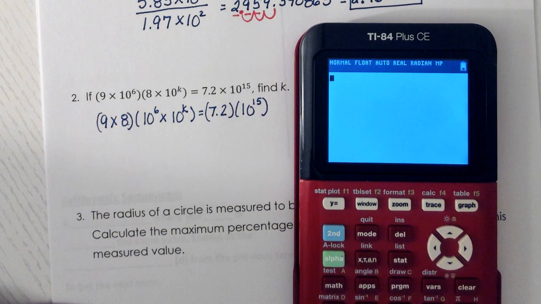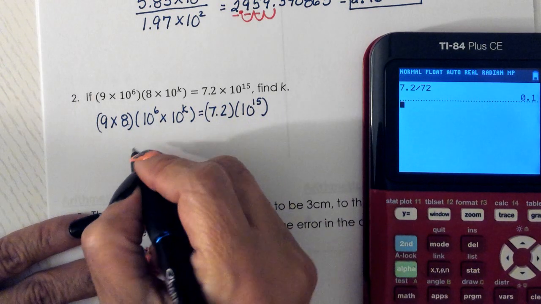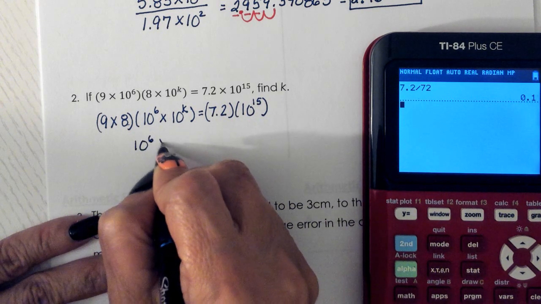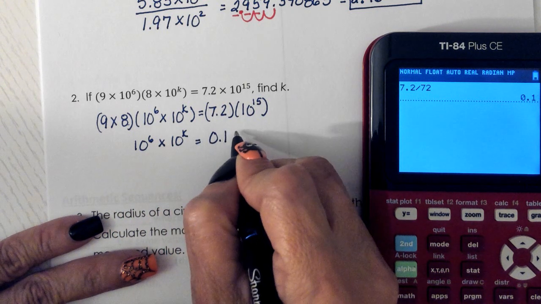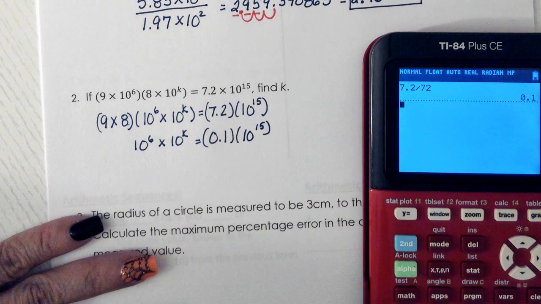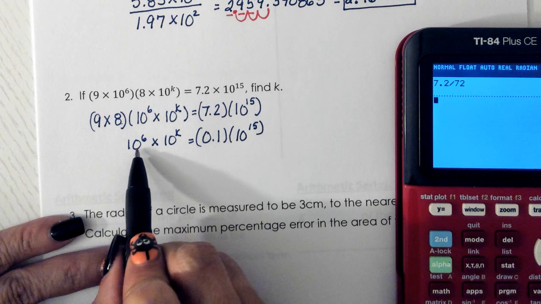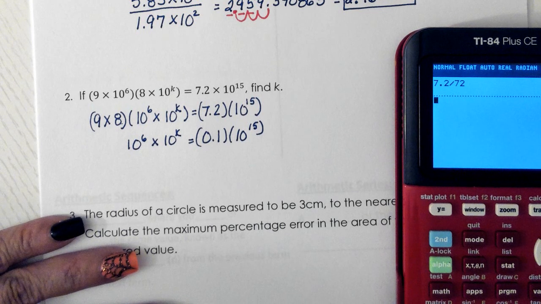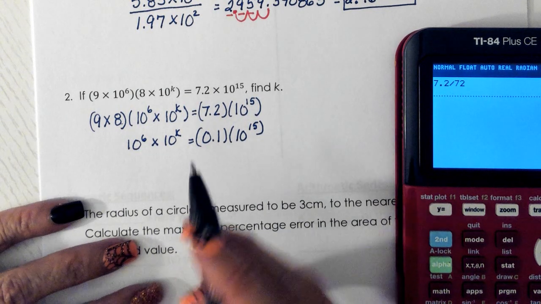So I'm going to do 7.2 divided by 72. I end up with 10 to the 6th times 10 to the K equals 0.1 times 10 to the 15th. Let me just leave it here for now.